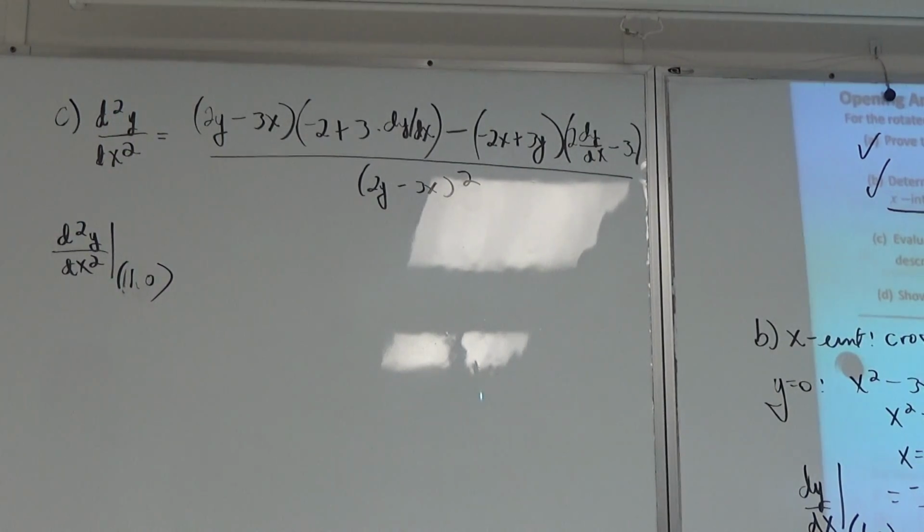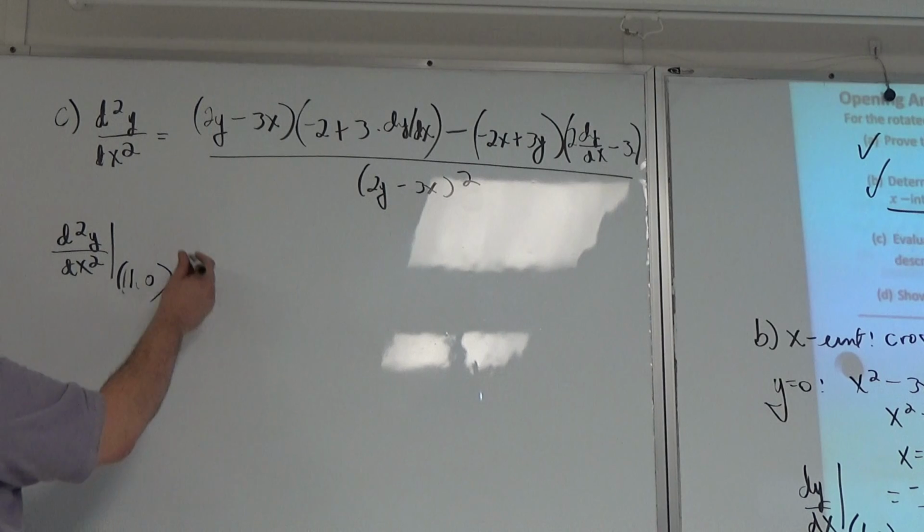The number line test, you're not going to do the number line test. They're asking for the value of the second derivative at that point. Jasmine, what are we going to do? You put in the points. Right, everywhere there's an x, you're going to put in 1. Everywhere there's a y, you're not going to set it equal to 0. We're not looking where the denominator is equal to 0. Evaluate. You're just evaluating. You're just plugging in.